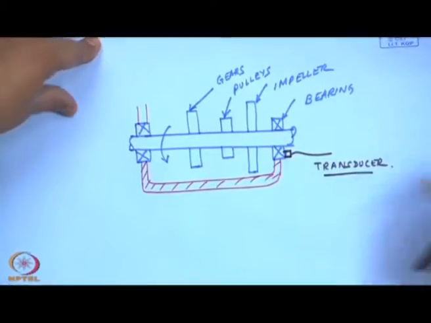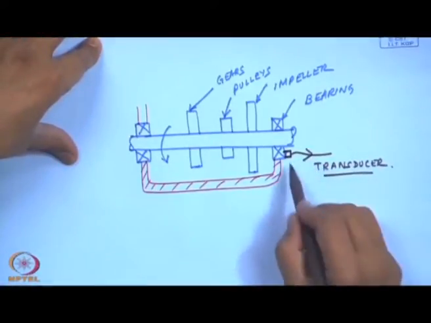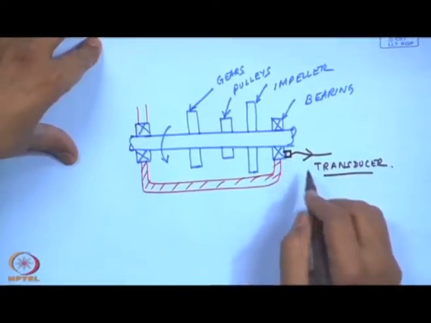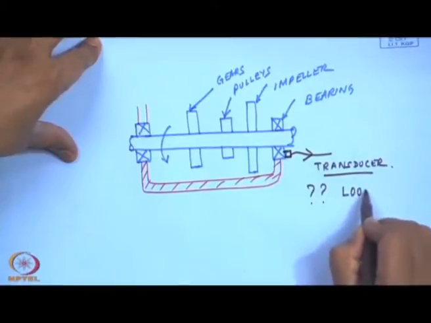It is the characteristics of the signal which you measure by putting a transducer near the bearing locations, and from this how do we identify looseness is our objective.